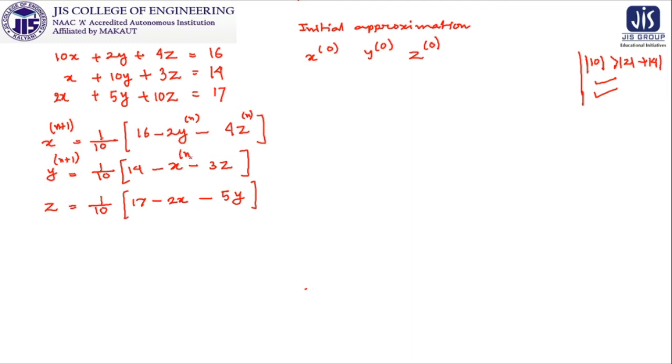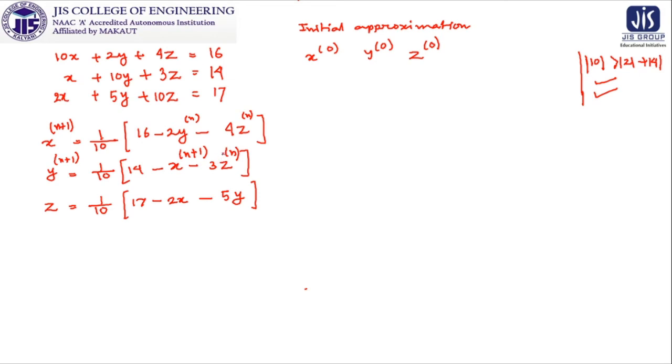So in the case of the Gauss-Jacobi method, it will be only xn, and in the case of the Gauss-Seidel method, as it is the upgraded one, and we already have x n plus 1 calculated, it will be x n plus 1, but in the case of z it will be n, because z n plus 1 is not known to us.